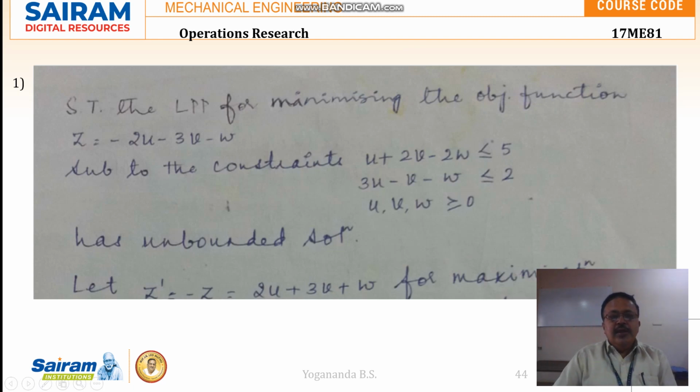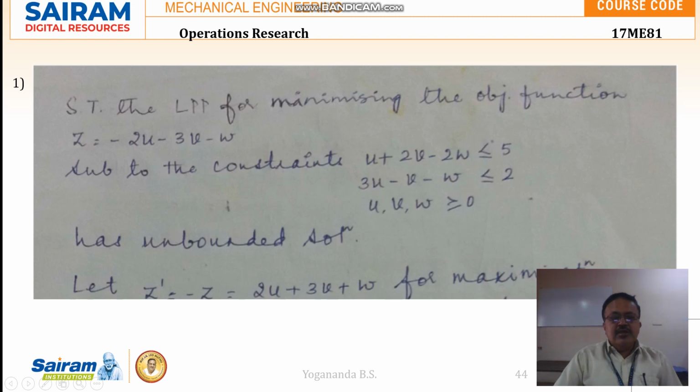Show that the LPP for minimizing the objective function, z is equal to minus 2u minus 3v minus w, subjected to the two constraints here, where u, v and w, the variables, are greater than or equal to 0, has an unbounded solution.